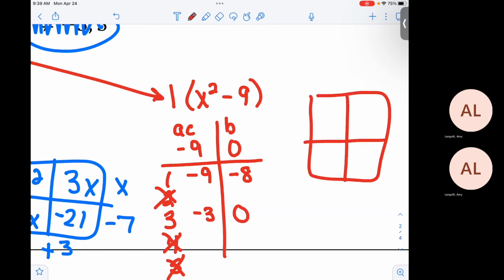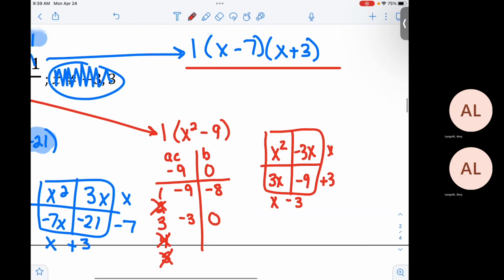What goes in your top left of your box? What goes in your bottom right? What goes in the other ones? Good. And those have X's. What are your GCFs? And the other one? And positive. Good. Where does that information go? Good.